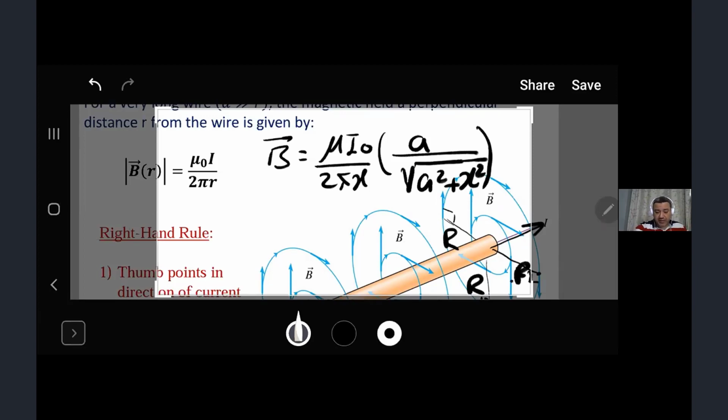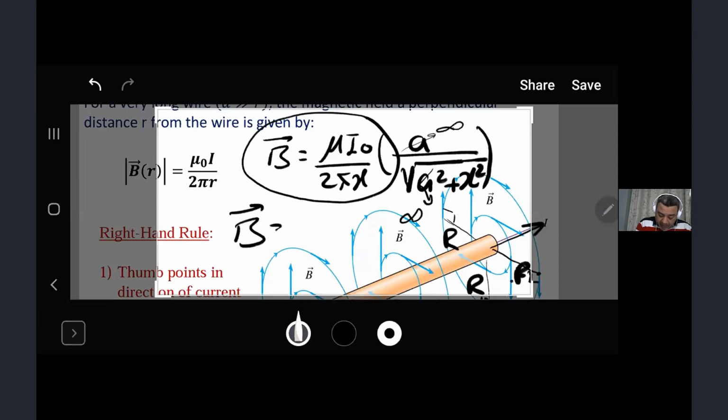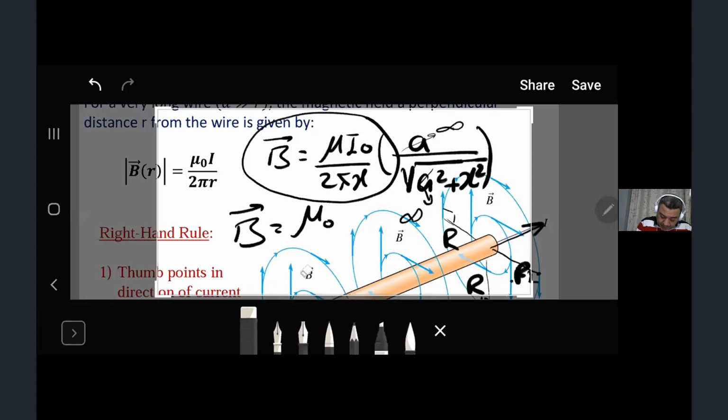I'll be integrating from minus infinity to plus infinity. This means I can substitute this a with infinity and this one also with infinity, which means that whatever the value of x will be way smaller than the infinity, and this will end up being infinity over infinity equals 1. And now the magnetic field will be simplified down to B equals mu naught I divided by 2 pi r.